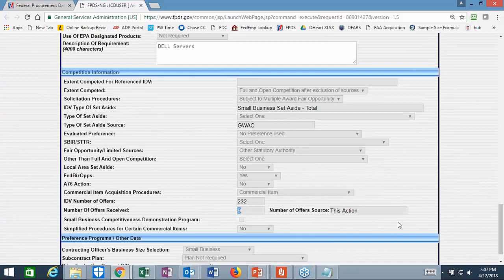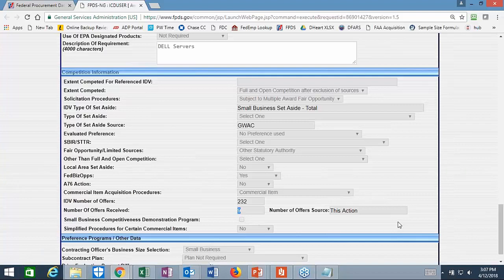So you got maybe an offer from CDW, from Mystic, so plenty of offers out there, but all those offers had to be for Dell servers. Right. Yeah, I saw this morning it came up on a report with a potential error, and I sent them an email to find out a little bit more about the nature of what was going on. Okay. Yeah, they're buying Dell servers off the SEWP contract, and they got 9 offers.